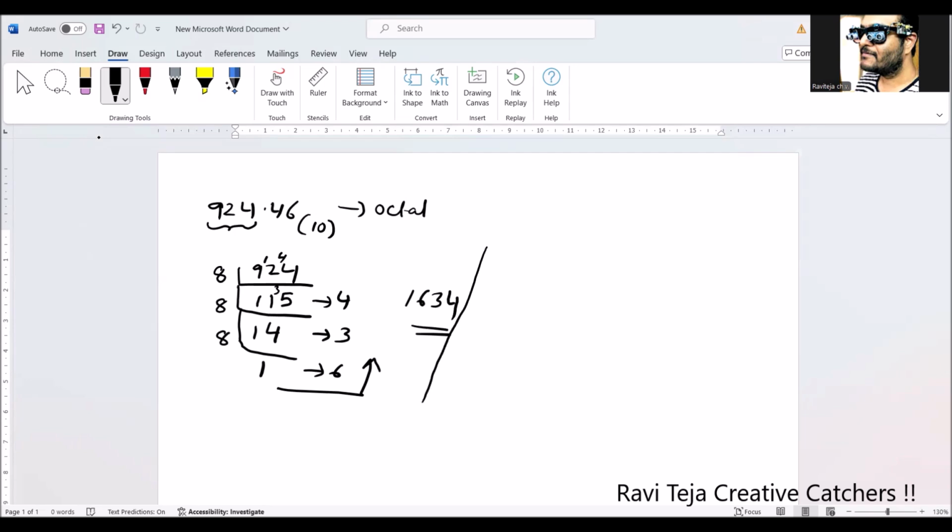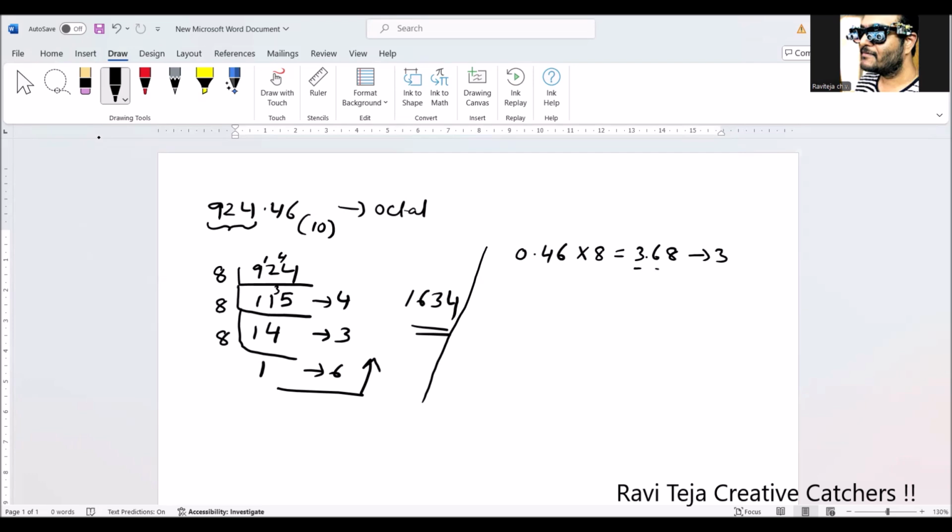Next, take the decimal number with 0.46 after the point and multiply with 8. So the answer what we get is 3.68. Okay. What is the value before the point? 3. Write it aside.